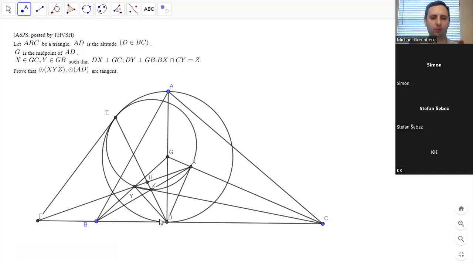Well, actually, I'm not so sure about that because XY is not the polar of D. But I think FYHX is harmonic. Yeah. So that's pretty helpful. Oh, no, not FYHX. I'd have to intersect this with the big circle. Sorry. But it is actually. Oh, really? No, actually not. Yeah. Okay.